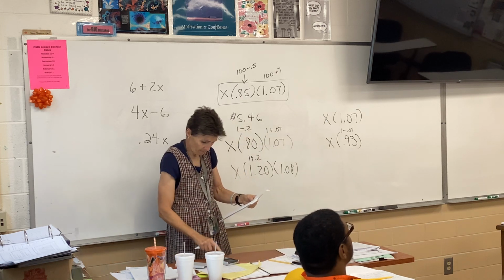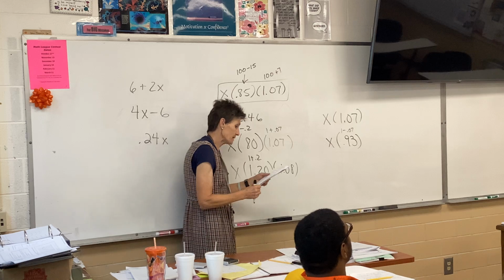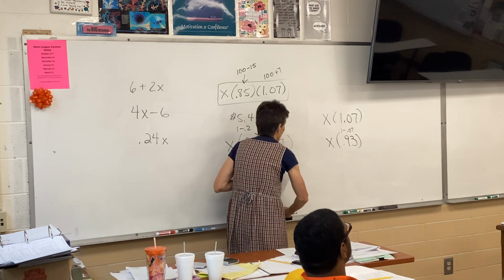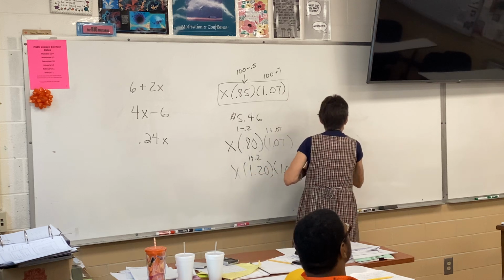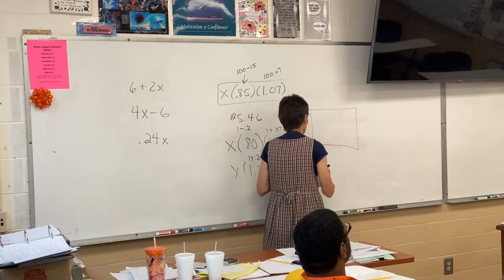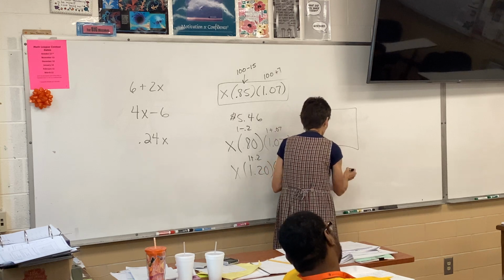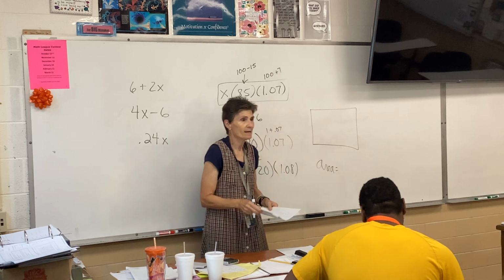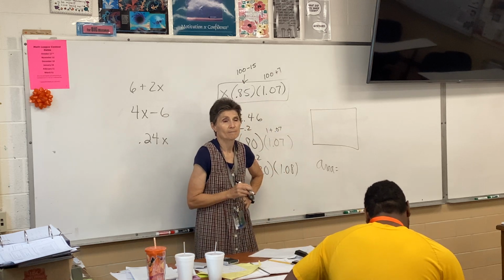The area of a rectangle. Okay, so you all know what a rectangle looks like. And our job is to find the area of the rectangle. And the width is 3 less than the length.